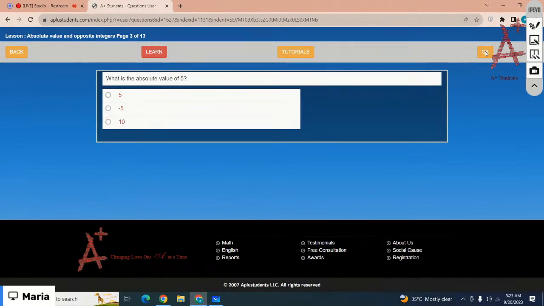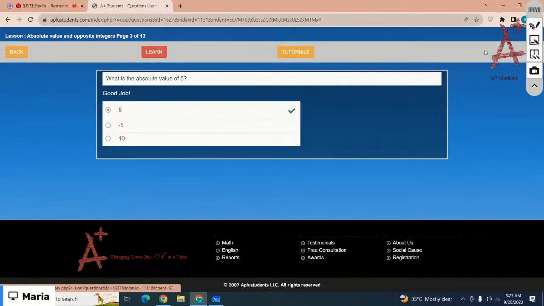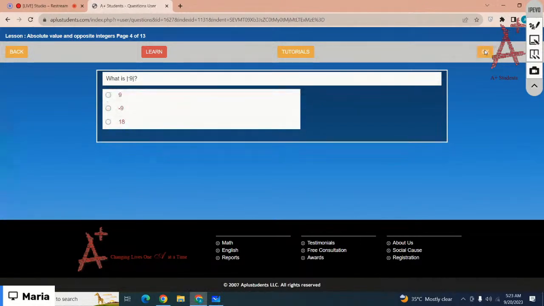Absolute value of 5 is 5, right? What is the absolute value of negative 9? That would be positive 9, right? The correct option is 9.